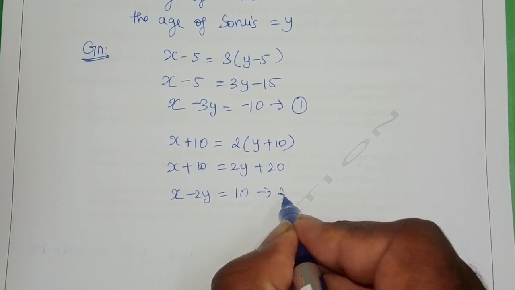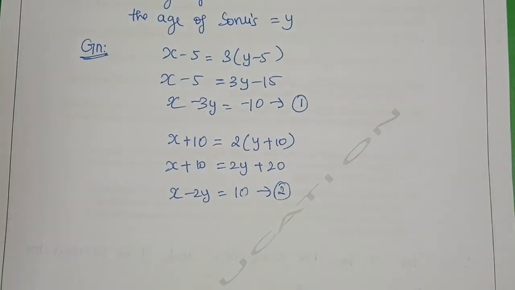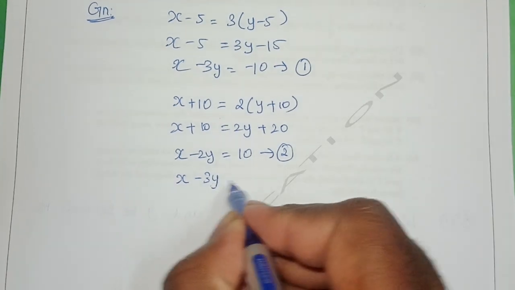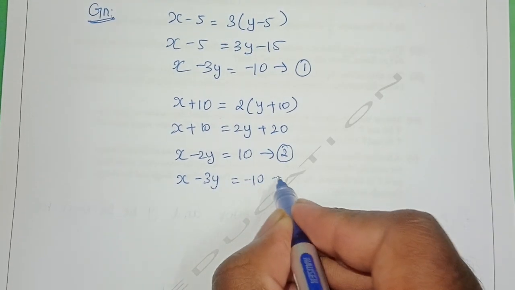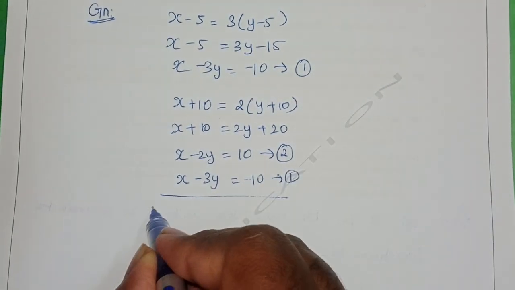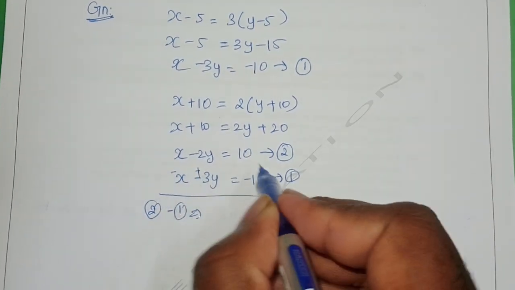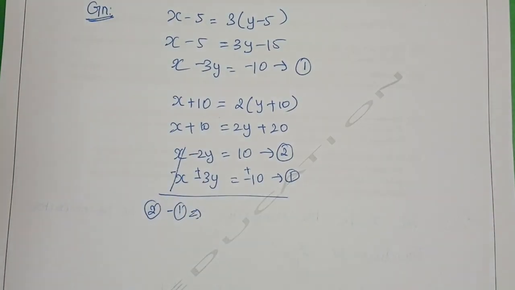Therefore, it becomes equation number 2. I will write equation number 1 as such, minus 10. Now, I am going to subtract equation number 2 from 1, which becomes subtraction, plus symbol change. x cancels. Minus 2y plus 3y becomes y.